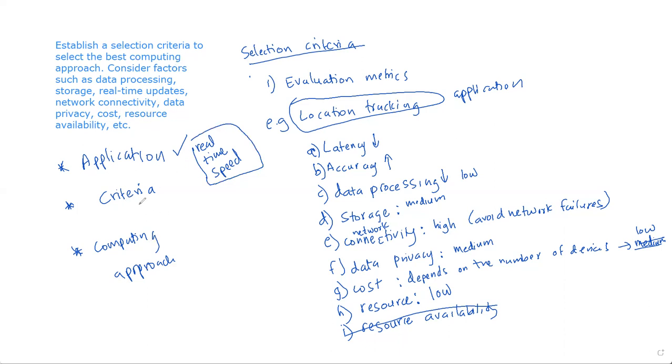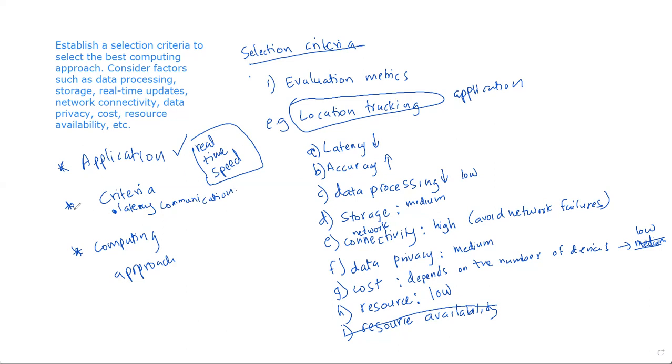The factors that you are going to consider will be latency. If you're considering latency, I think it would be one of the factors to consider, because if you're giving real-time speed values, then you need to consider the latency of your communication. The latency of your communication is one of the criteria. Is it clear to you? Yes, madam. Thank you.